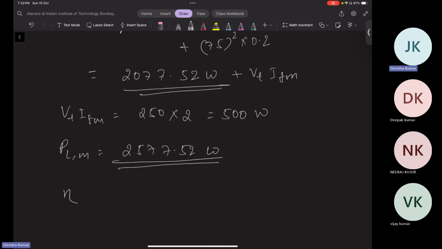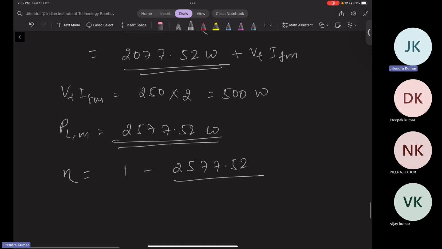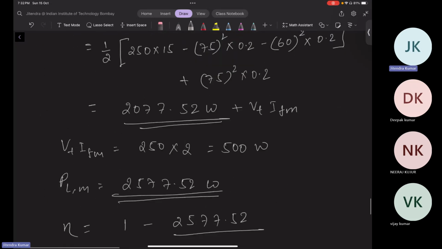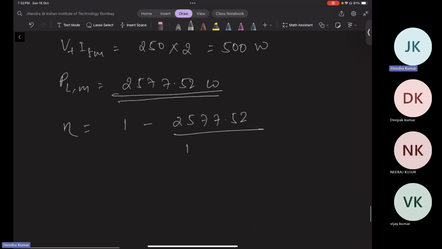Okay. So now we can find out 1 minus 2577.52, that is 1 minus losses by input. Input is 19250. So efficiency of motor will be how much?